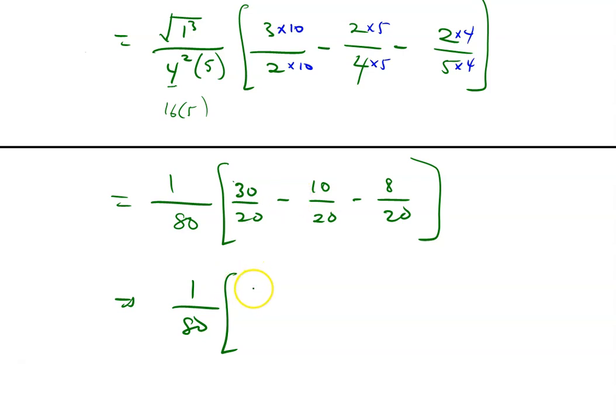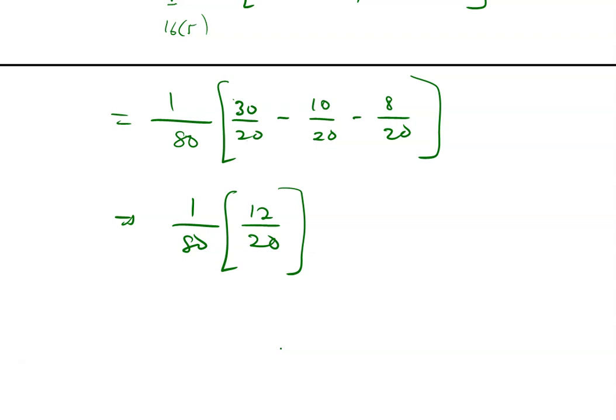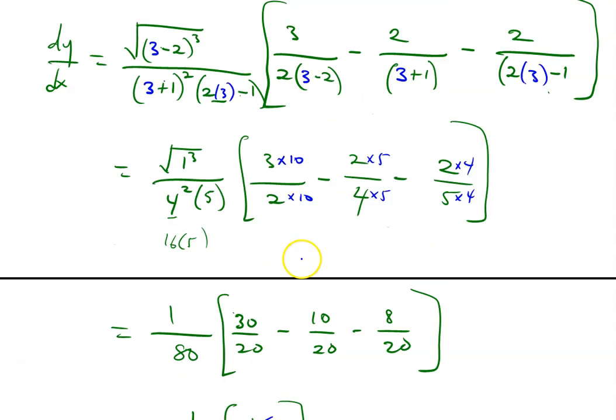I'm going to get 12 on 20. Now we can further simplify: 4 goes here, 3, 4 goes here, 20. So at the end, I'm going to get 3 on 400 as the final answer. We have simplified when x is equal to 3.